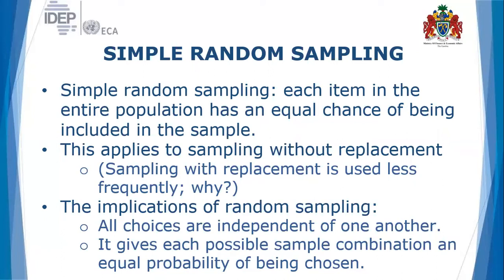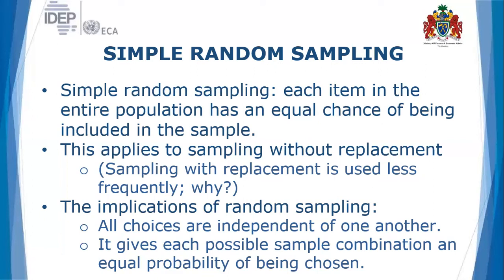The implication is that no one element is more likely to be included than another. And this applies particularly to sampling without replacement.